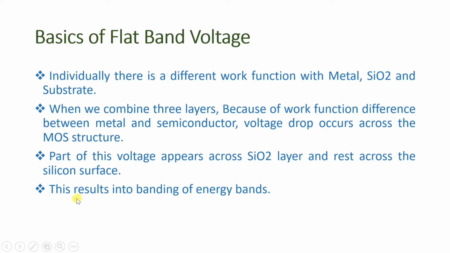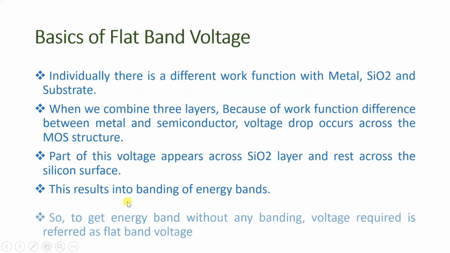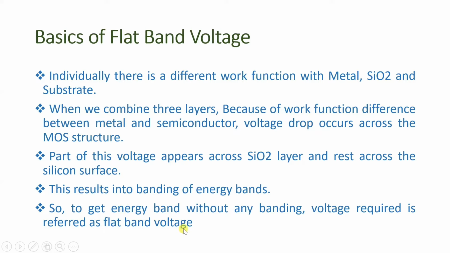The biasing voltage that nullifies the banding of the energy band in the substrate is referred to as flat band voltage. So the voltage required to get the energy band without any banding is the flat band voltage, and that is what we give between the gate terminal and substrate terminal.